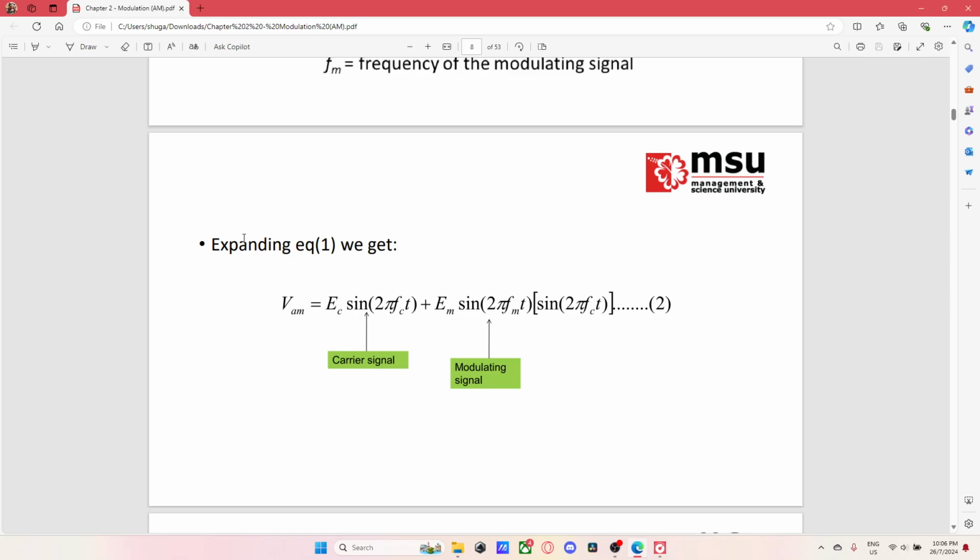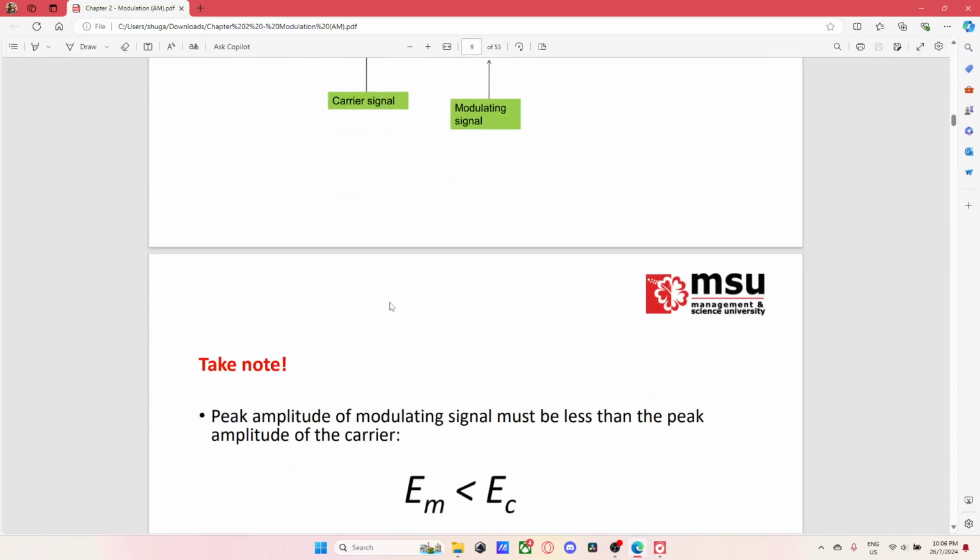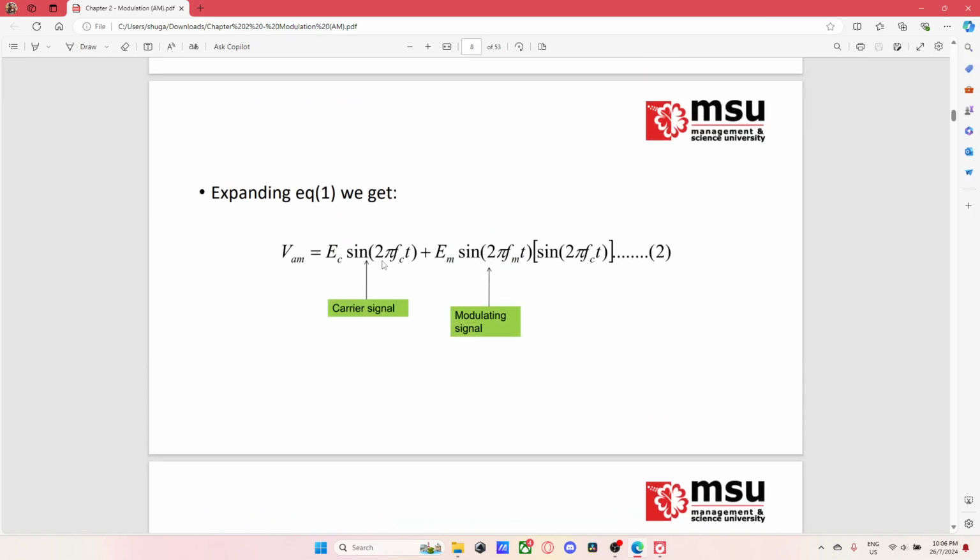When we expand this equation, we get EC sine 2 pi FC time plus EM sine 2 pi FM time sine 2 pi FC time.